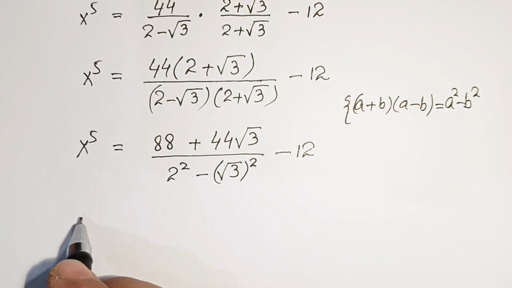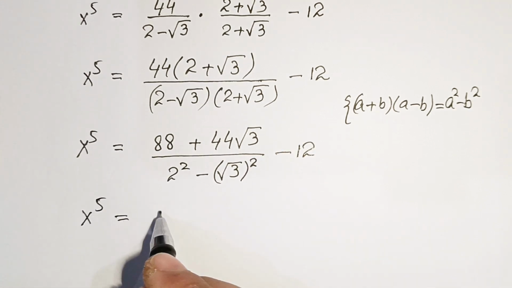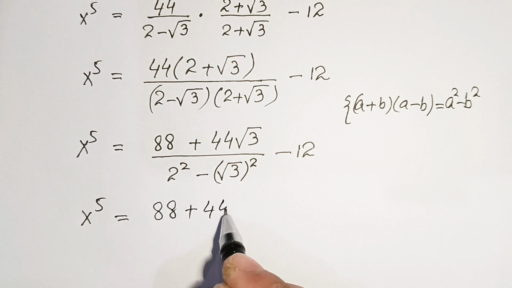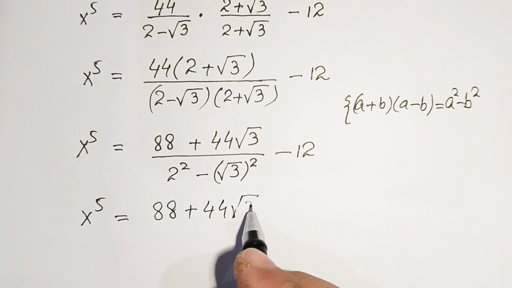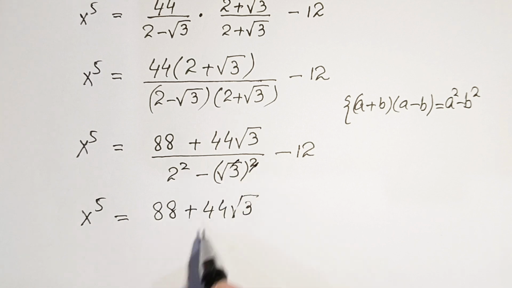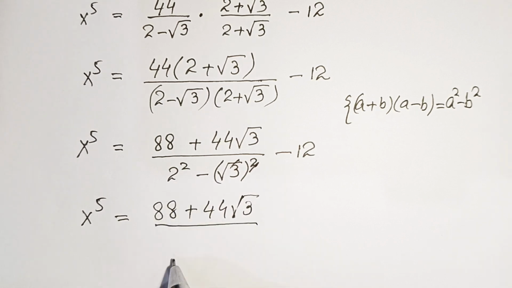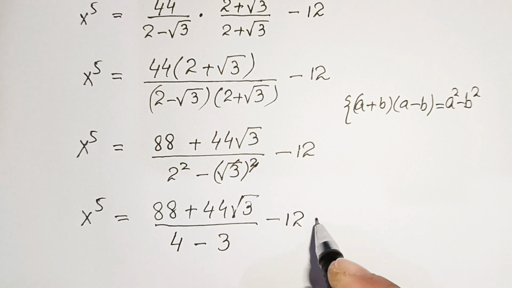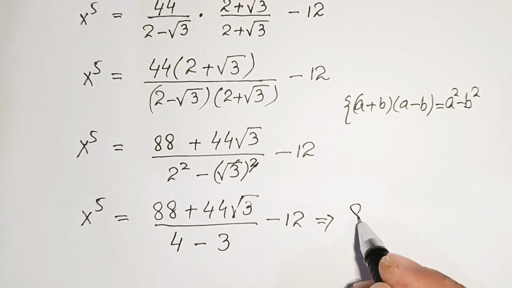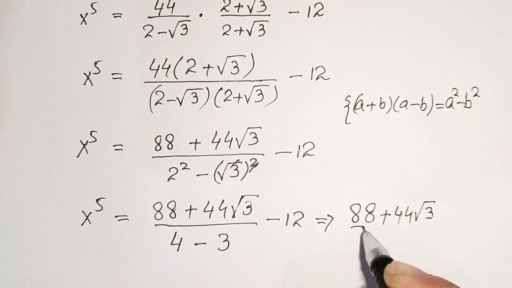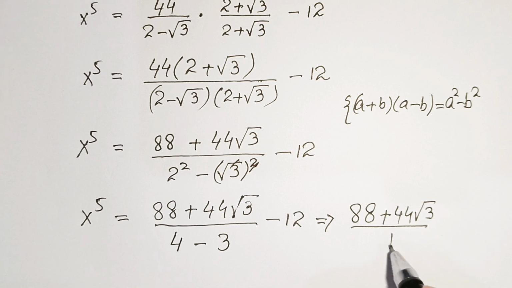Now here we have x to the power 5 is equal to 88 plus 44 times square root of 3. Here this square can be cancelled out with the square root, so we get all over 2 squared is 4 minus 3, and minus 12. So next step will be 88 plus 44 times square root of 3 all over 4 minus 3 is 1, minus 12.